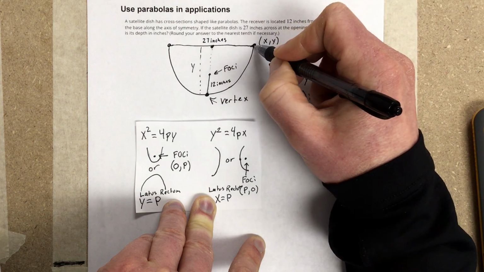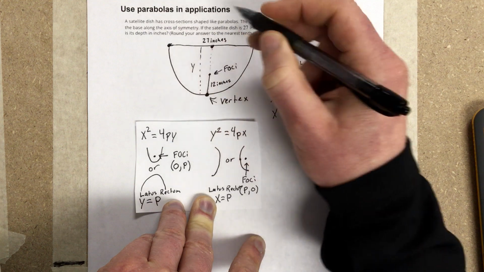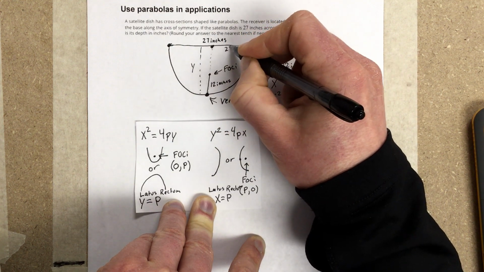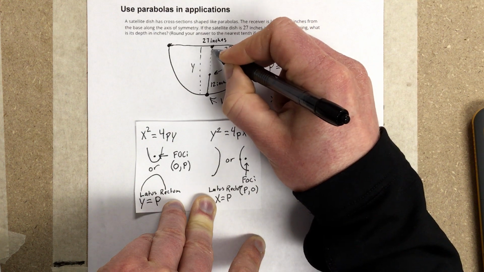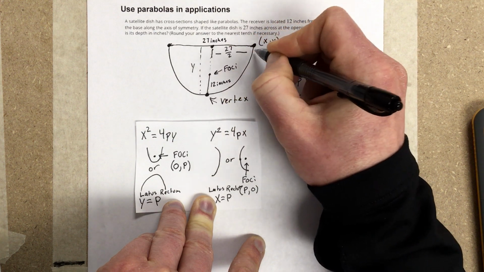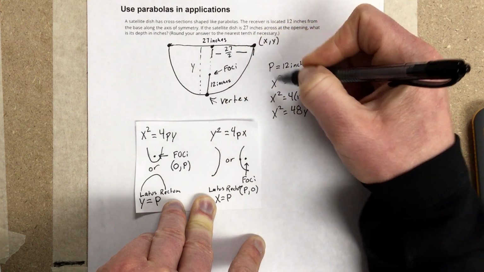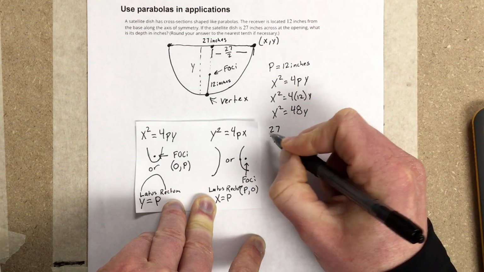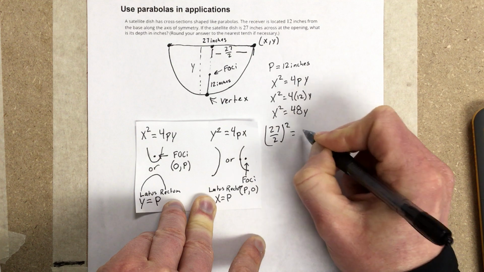Well, I have 27 inches from point to point, so this x value is going to be half of that, 27 over 2. So I'm going to plug that in and say 27 over 2 squared is equal to 48y.